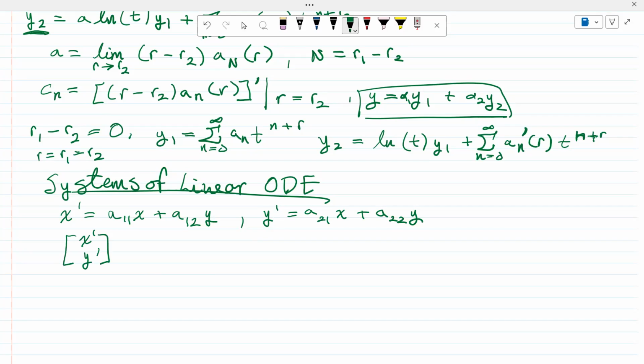So we have x prime, y prime is equal to the matrix a11, a12, a21, a22 times x, y. And we can label this as just A times some vector x.